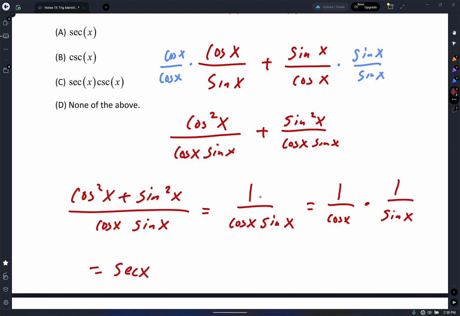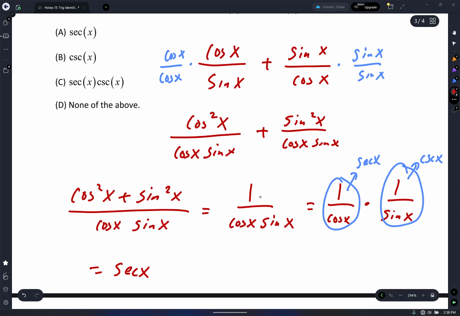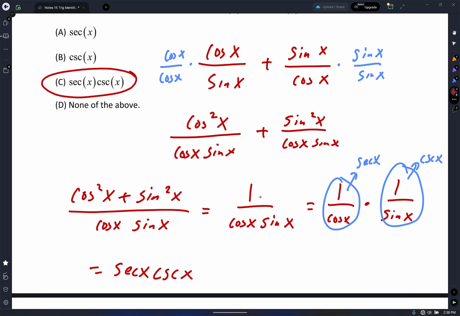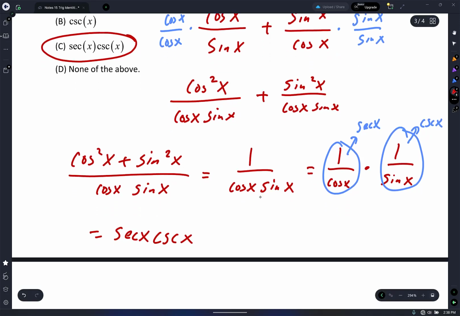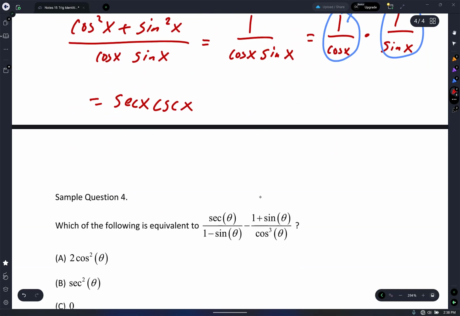What is 1 over sine? Cosecant. So let me circle them. This is a secant x. This is a cosecant x. So secant x, cosecant x. Is that answer in there? Yes. C.